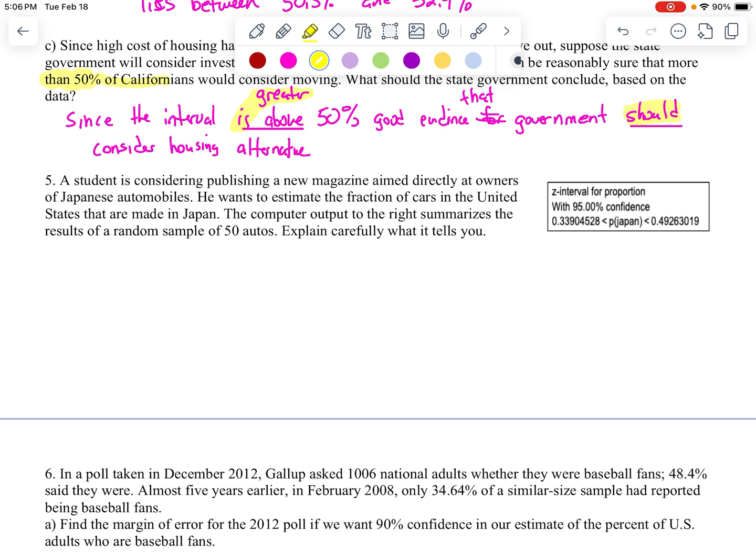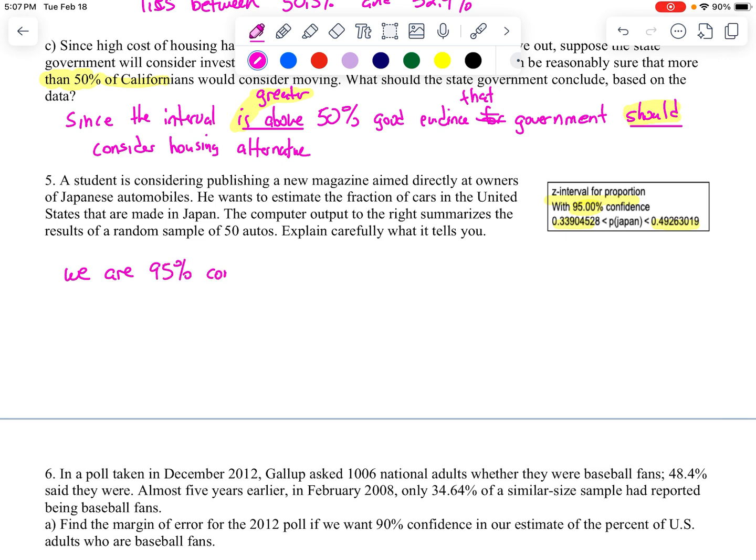Okay, so this seems a little vague. Here's what we have. We have a z interval for a proportion. We made that with 95% confidence, and we have the interval that it said. So here's what it's telling us.